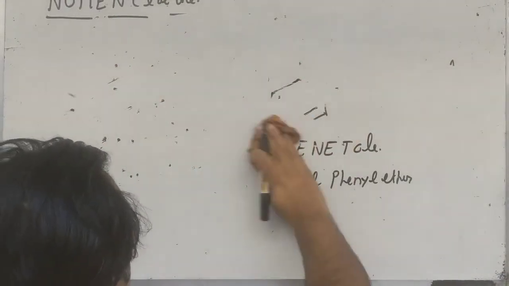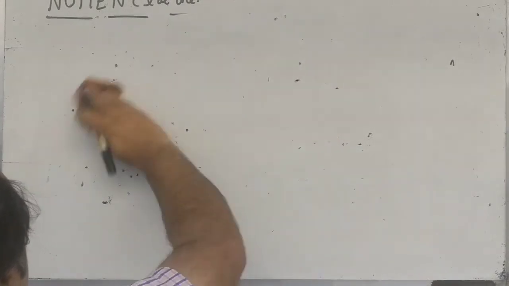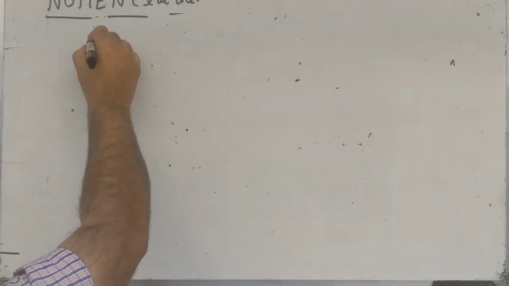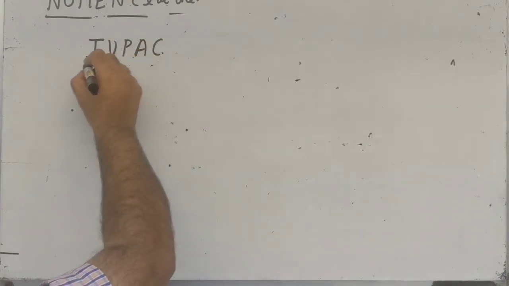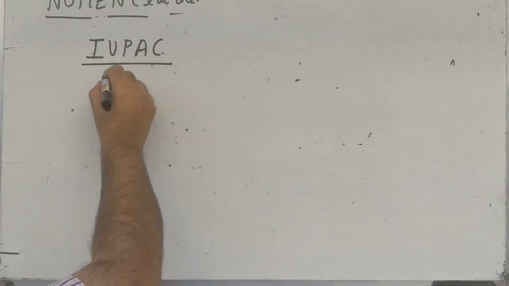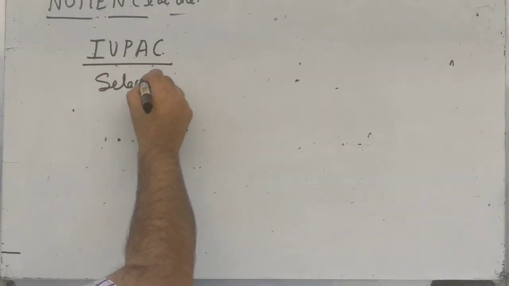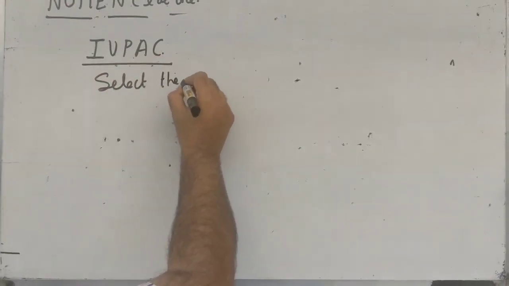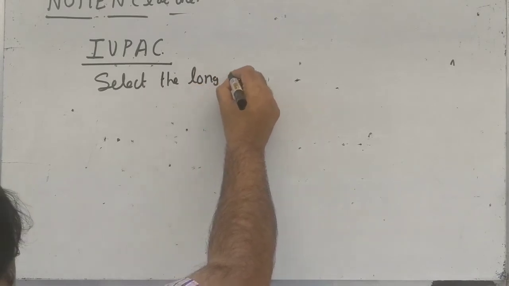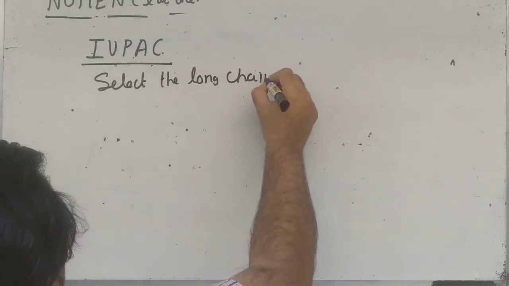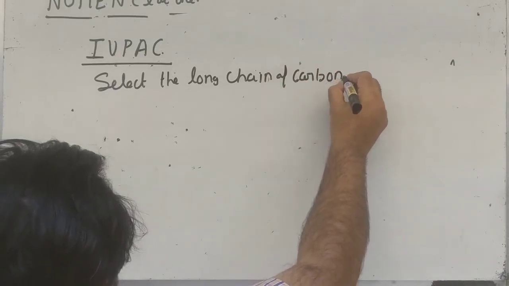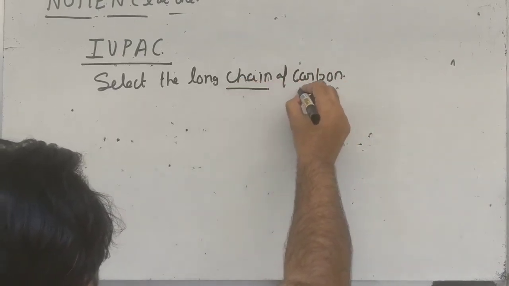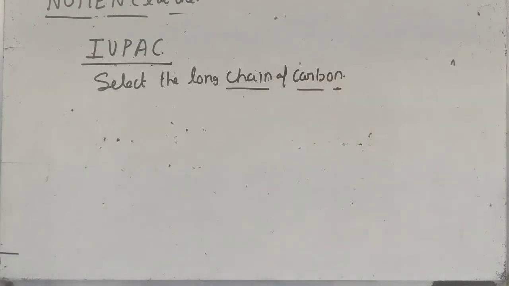How do we give the IUPAC name to the ethers? For IUPAC names, we have to select the long chain of carbon atoms, which is called the parent chain, and it is named as a derivative of the parent chain.